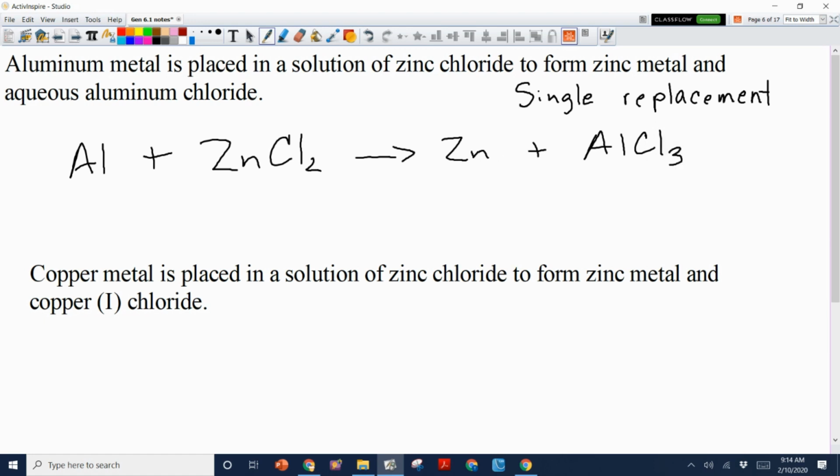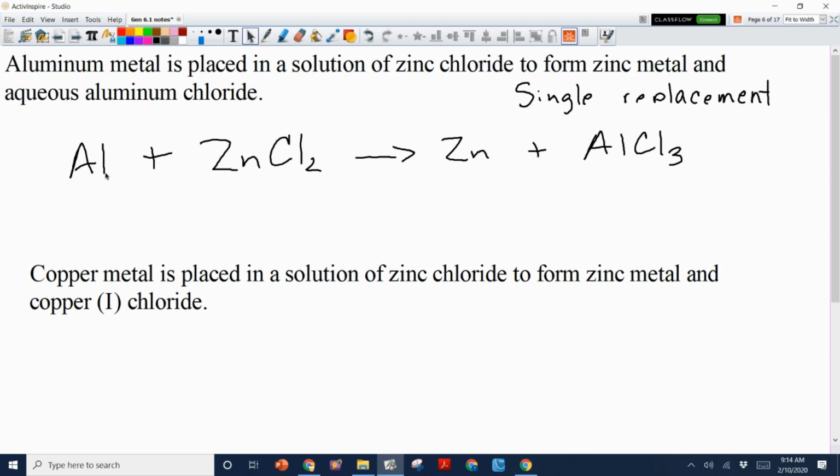Okay, and we know aluminum chloride. We did this just a moment ago. So AlCl3, remember aluminum is a +3, this is a -1. Swap and drop, so that's how we get Cl3. All right, single replacement. Now, why is this called a single replacement?